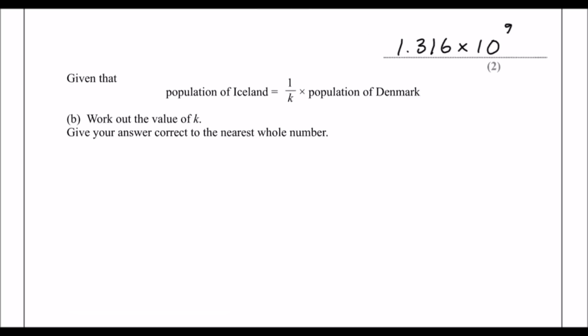Part B, given that the population of Iceland is 1 over k times the population of Denmark, work out the value of k. So what this question is saying is the population of Iceland is equal to the population of Denmark divided by a number called k.